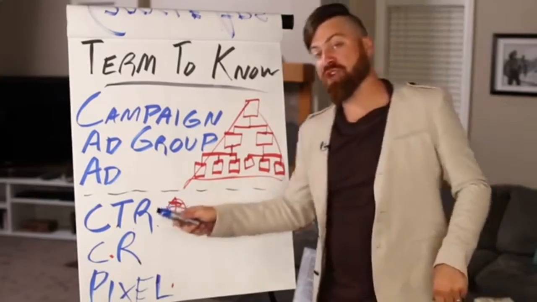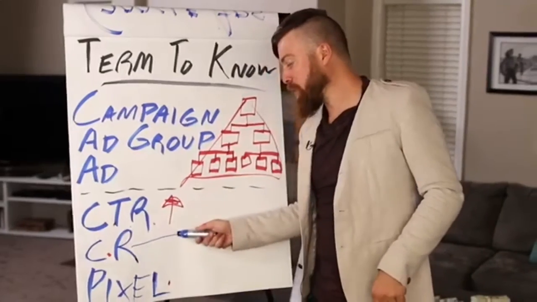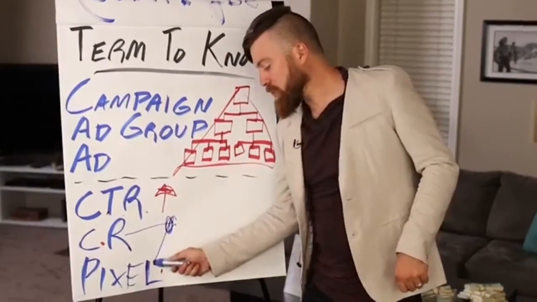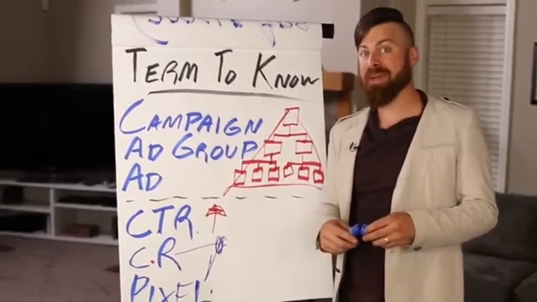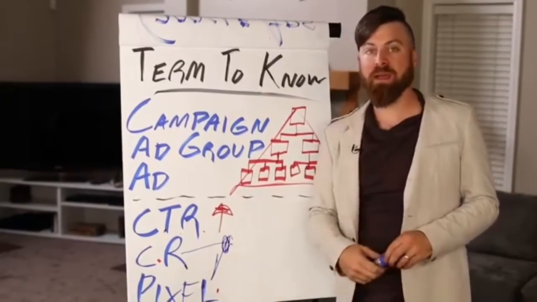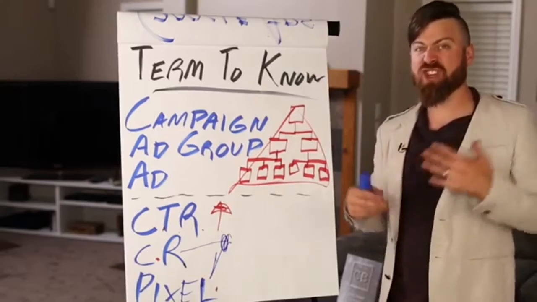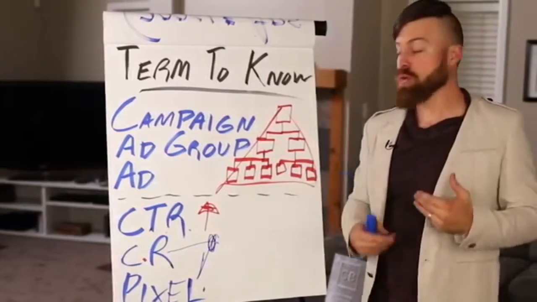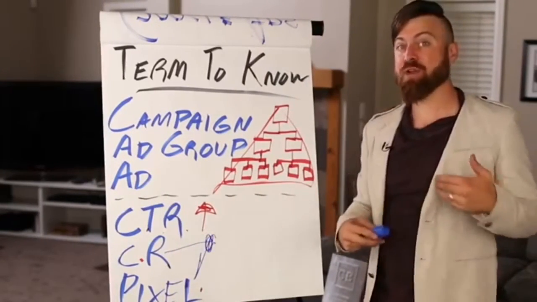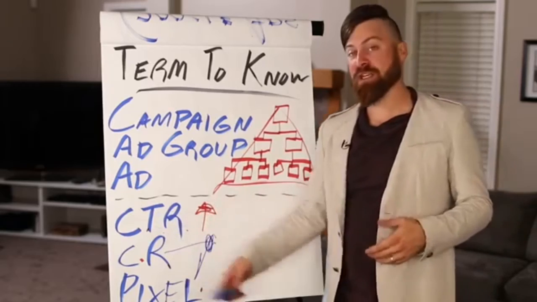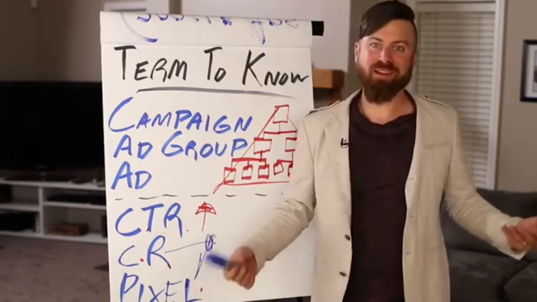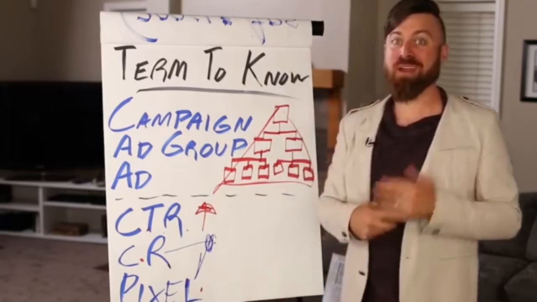Now, the way you actually measure if people are buying on your site is you use what's called a conversion pixel. Again, you can Google these terms. There's a lot more information on exactly how you can use a conversion pixel and how you can optimize data based on CTR and CR, but I'll leave that for another video in the future.